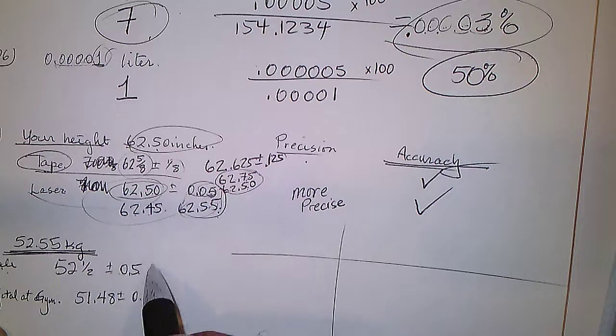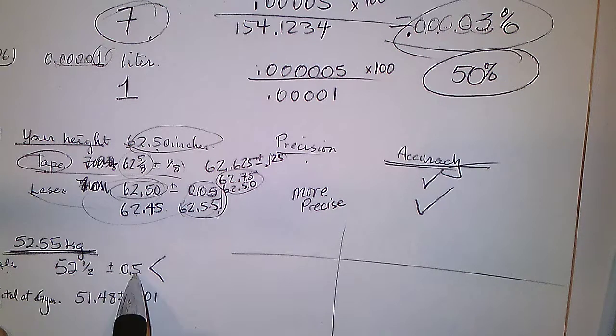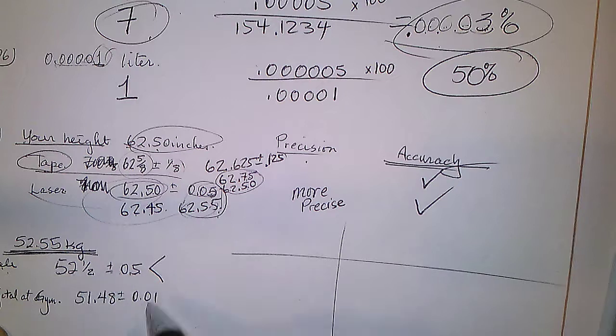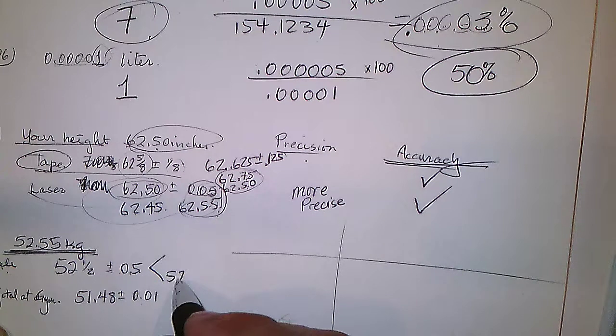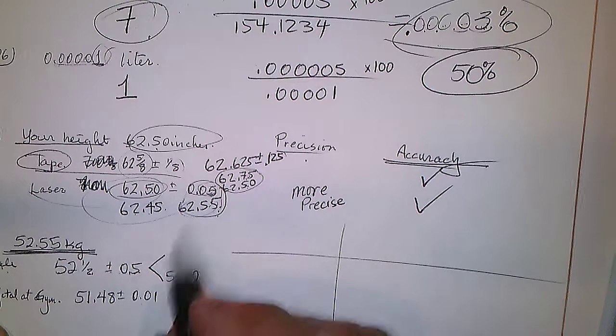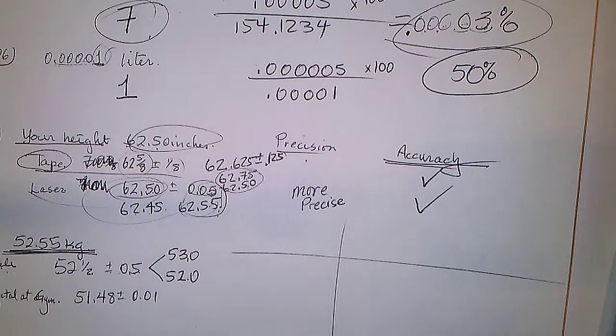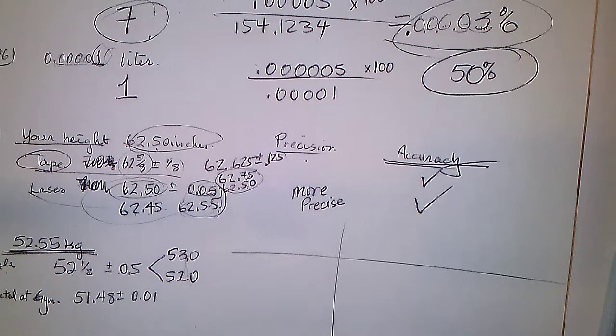So the scale is saying you're somewhere between half a kilogram less than 52.5, which is 52, to half more, which is 53. So you could be somewhere within that 1 kilogram range.